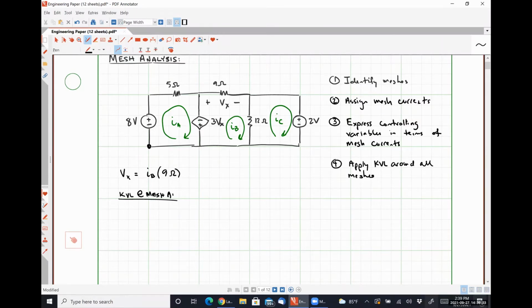Negative 8 volts, because I see the negative polarity terminal first, right? Negative 8 volts. Then I see the 5 ohm resistor. And so effectively what I'm going to be doing here is I'm assuming that the current is flowing into the positive polarity terminal, okay? So I'm going to express this voltage drop as 5 times IA.